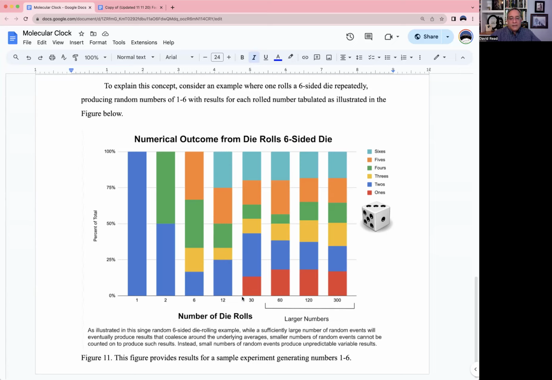It's just not reliable. I hope that makes sense, and that the use of the dice helps make it clear for people who might not be familiar with it.